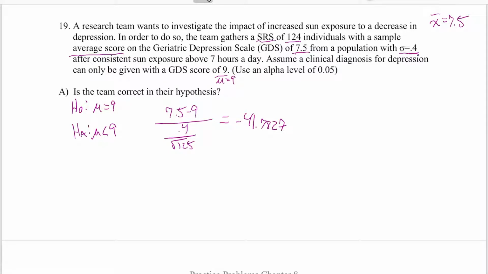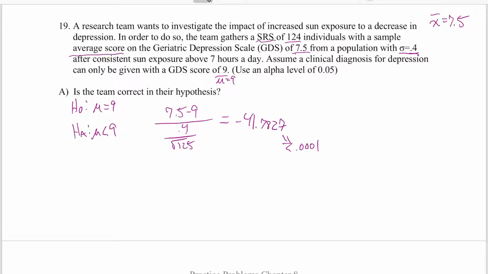Now remember, this value right here is only 1.5 difference on the scale, right, on the GDS scale, which might not seem like a lot, but taking in what the standard deviation is and how many people we have, even small differences, with enough people will show a really big change. In fact, a negative 41, that's really big, that's really far apart. And since we're doing a less than, we know that our p-value is then going to be 0.0001 or even less than that, because our book only goes to negative 3.5.